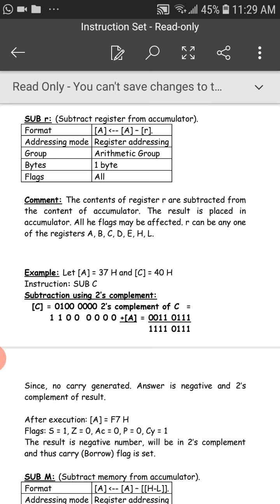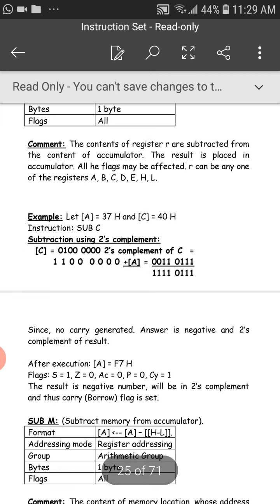So see the explanation. The content of the register is subtracted from the content of the accumulator and the result is placed in the accumulator. So all flags may be affected and R can be any one of the following registers, that is A, B, C, D, E, H or L. Okay, see the example.